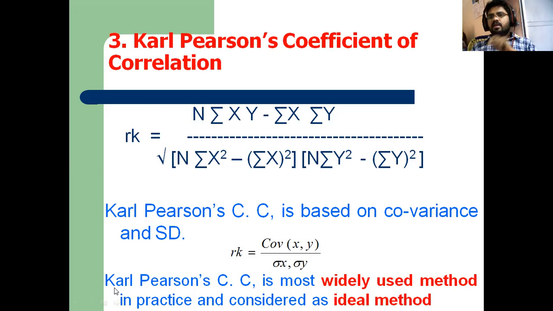Remember, the Karl Pearson coefficient of correlation is most widely used. As I already told you, it is a widely used method in practice.